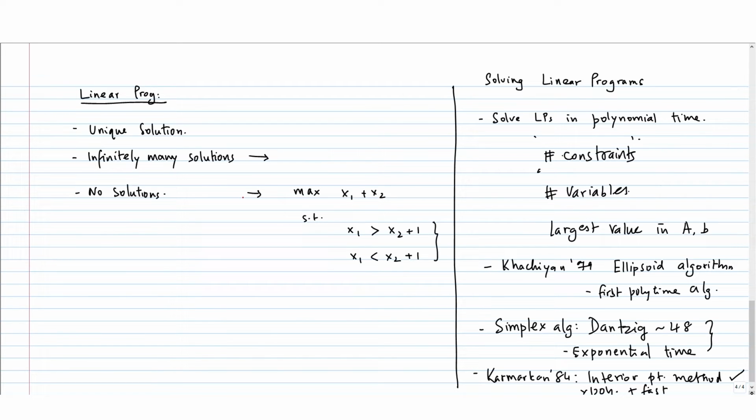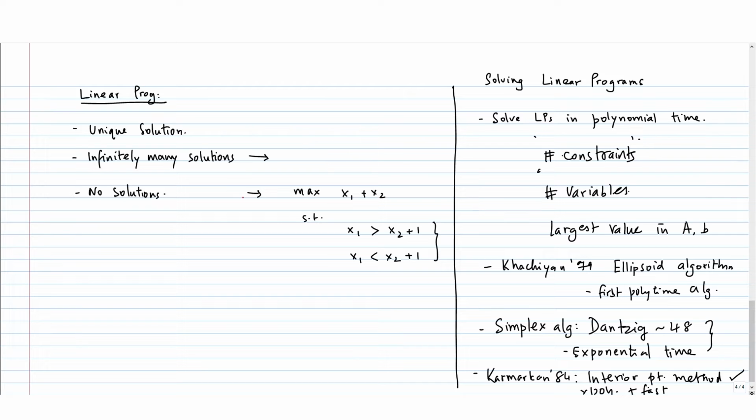So, there are three ways to solve linear programs. There is the ellipsoid method and the interior point method, which are both polynomial time algorithms. Interior point method is fast, the ellipsoid method is not practical. The simplex algorithm runs in exponential time, but is eminently practical.